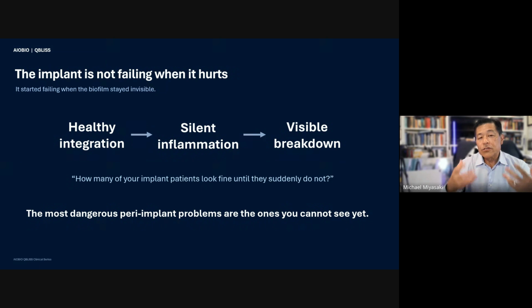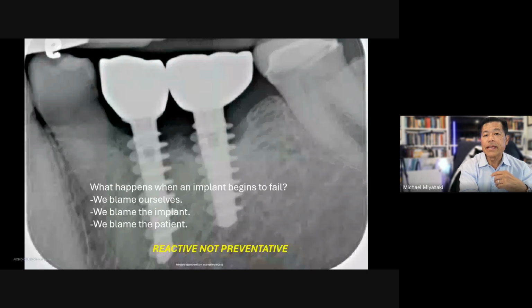And then we see the visible breakdown of the bone or the inflammation of the tissue. And all of a sudden we go, okay, now we've got the situation where we have to figure out, can we maintain it? Can we treat this area? Or are we looking at that implant having to come out? So one of the things about peri-implantitis or peri-implant disease is that very oftentimes it's very difficult to see, and it may not cause any kind of discomfort.